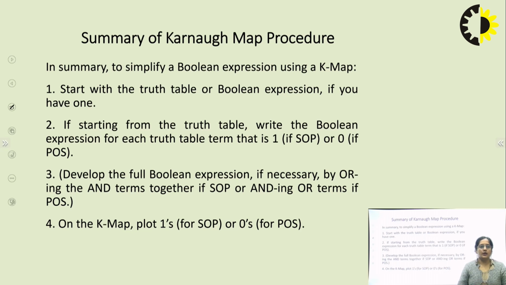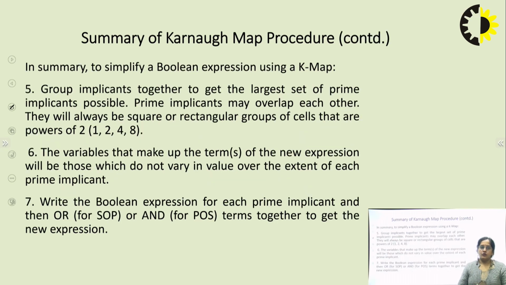POS form is ORing and then ANDing, and SOP is ANDing and then ORing. We have to make groups, minimize, and then make a minimized expression either in an SOP form or a POS form as per the requirement.